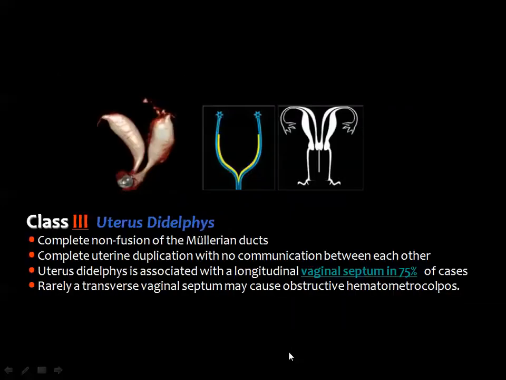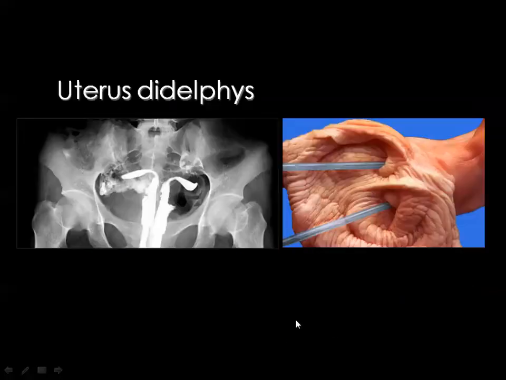You came to the second or the third class, which is uterus didelphys, where there is complete non-fusion of the Müllerian ducts with formation of two separate uterine cavities and two separate cervical canals, and the vaginal septum is usually present in about 75% of cases. And here, by hysterosalpingography, you may need to introduce two hysterosalpingography cannulas for evaluation.